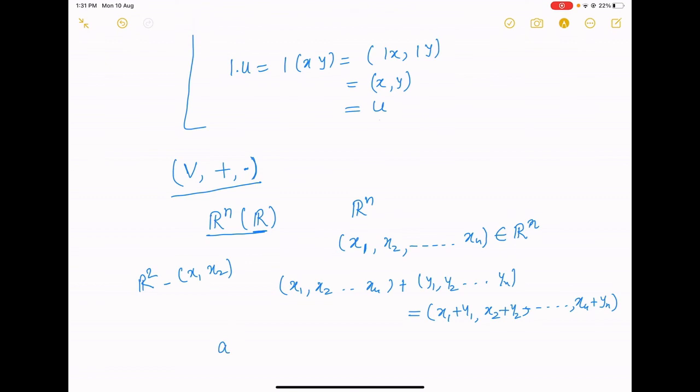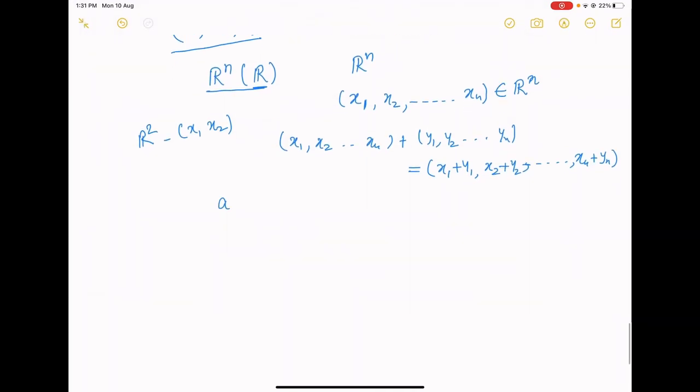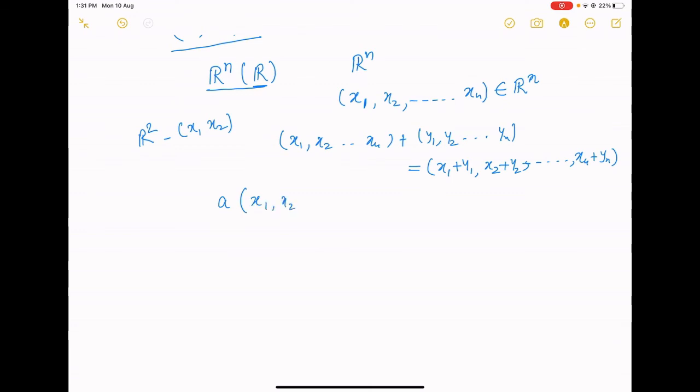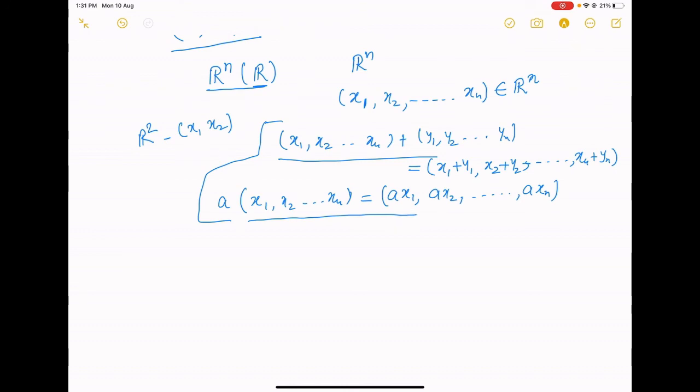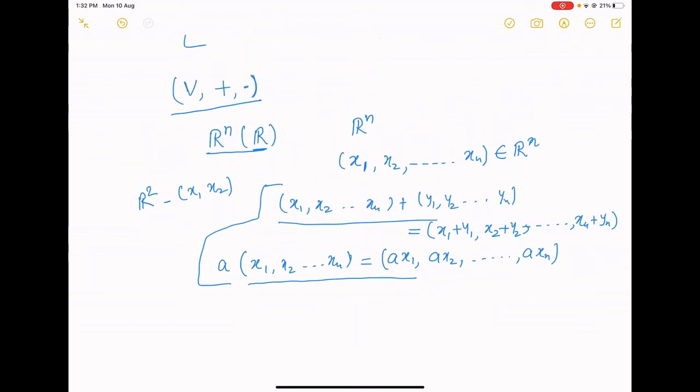Similarly, when a scalar a is multiplied with (x1, x2, ..., xn), it gives (ax1, ax2, ..., axn), that is component wise multiplication. So with these tuple operations, in scalar multiplication and vector addition, we can prove that Rn is a vector space over the field of real numbers.